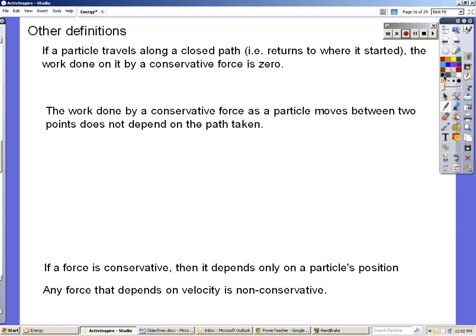Let's say you have some closed path, like that, and you pick some point on the path, and you call those the initial and final points. Now imagine that we reverse the motion of the particle along those two paths. The work done as we move the particle along this path is W1.